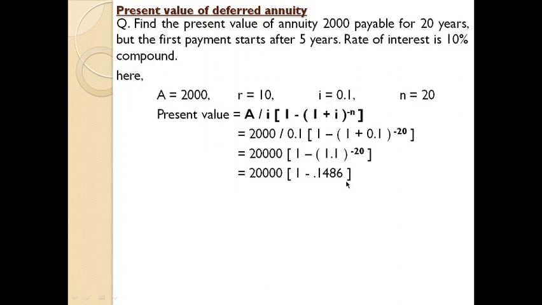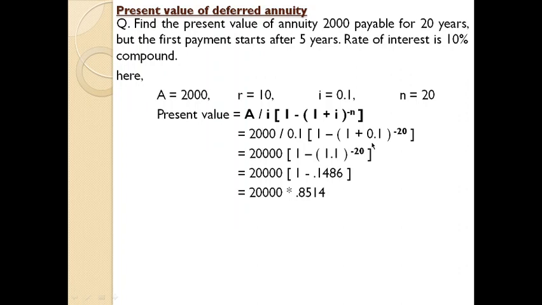I hope you know how to find the value of 1.1 raised to minus 20. You need to multiply 1.1 20 times, and in order to remove the negative sign, you need to divide 1 by the product of this 1.1 20 times. So you will get 0.1486. So 20,000 into 0.8541, that is the difference between 1 and 0.1486.